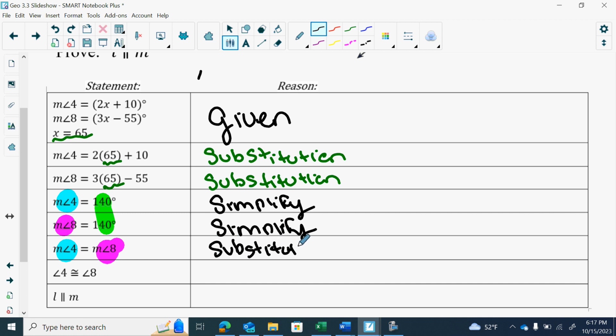And I think you guys know where this is going. Then I could say, if these two angles have the same measure, then they are congruent by the definition of congruence. And I apologize, but I'm being lazy here.